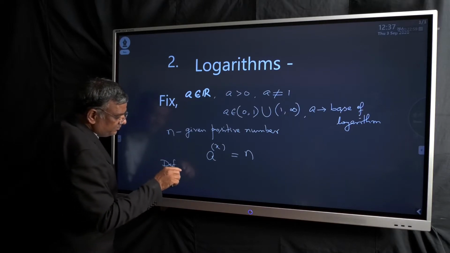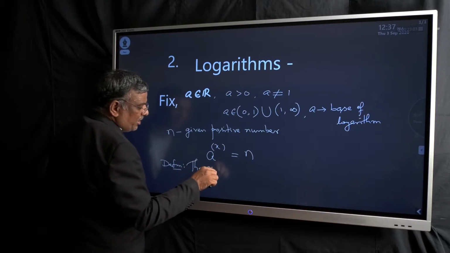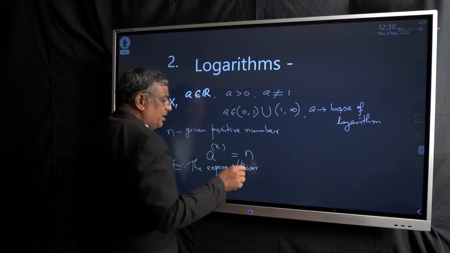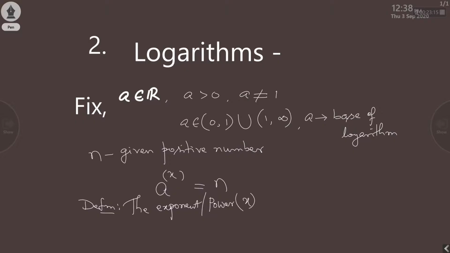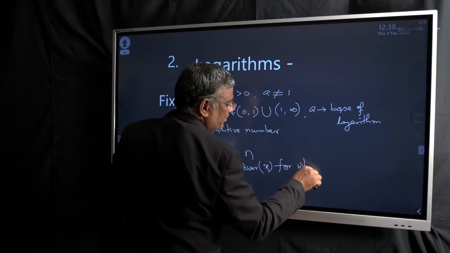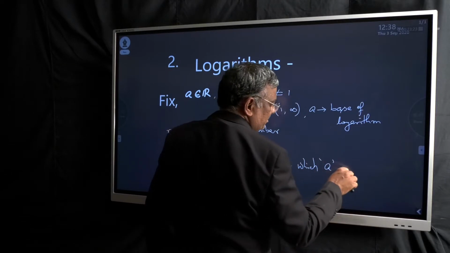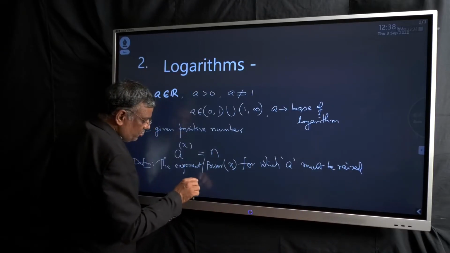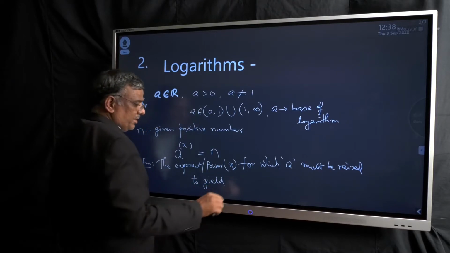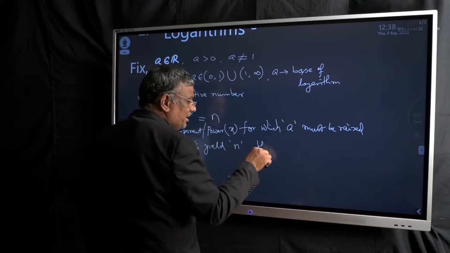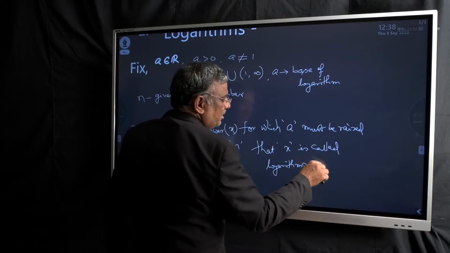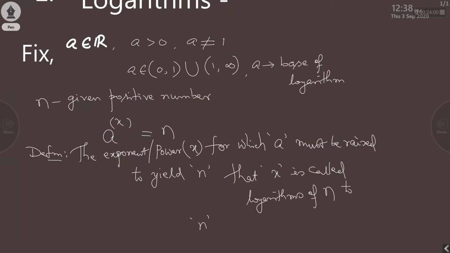The definition is that the exponent or power x for which a, that is the base, must be raised to yield N, that x is called the logarithm of N to the base a.